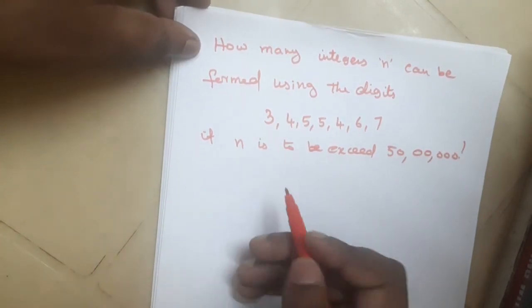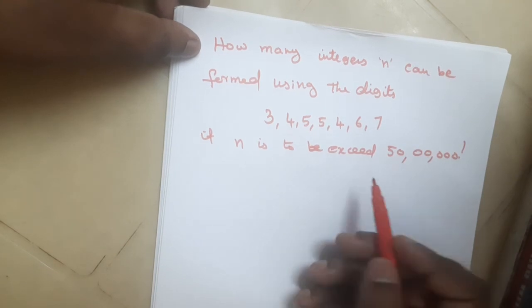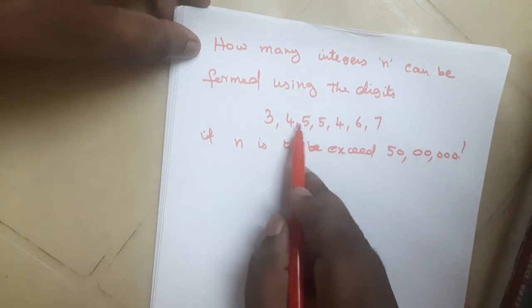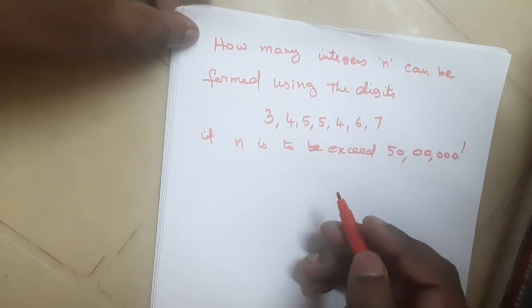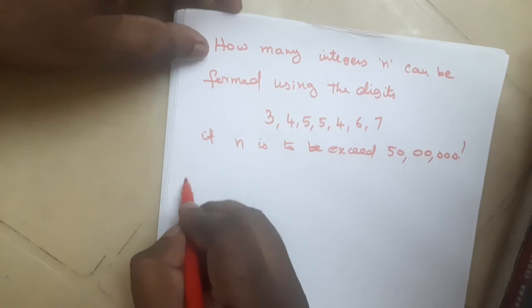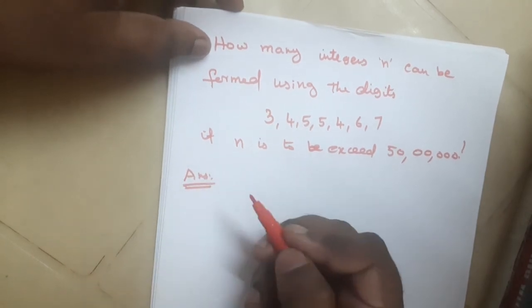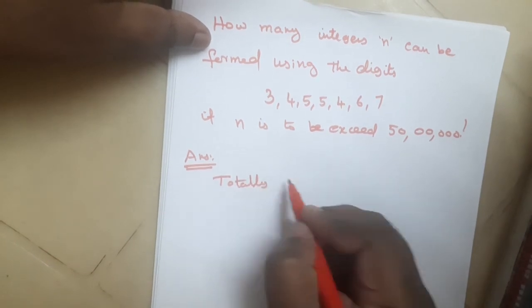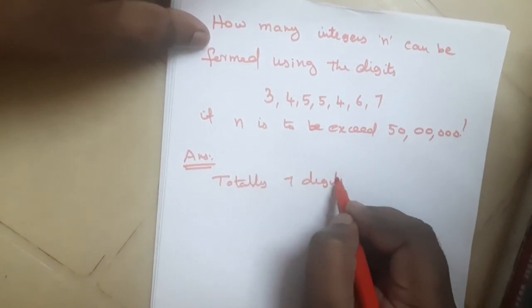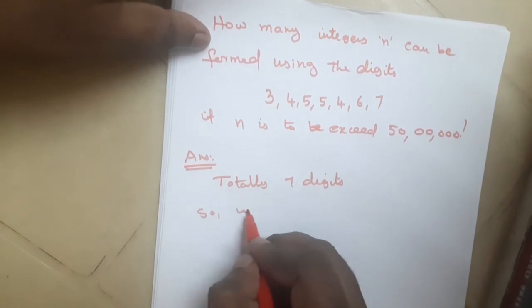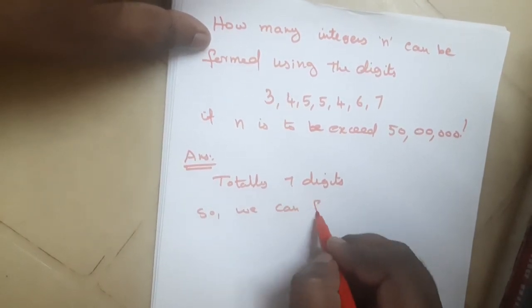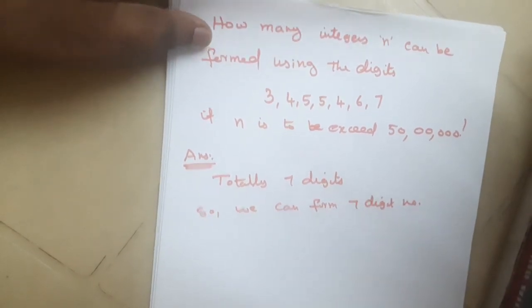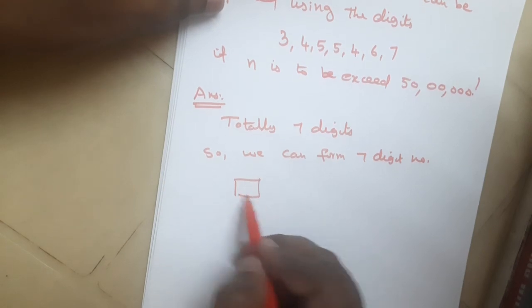So totally we have 7 digits, 1 2 3 4 5 6 7 digits. So we can form a 7 digit number. Okay, so I draw 7 boxes.